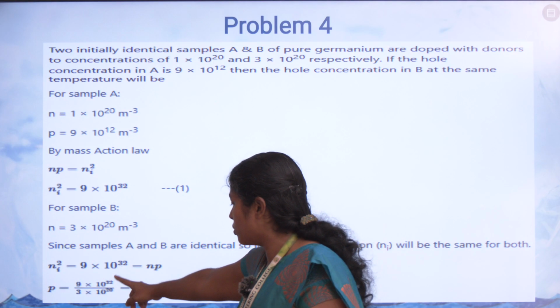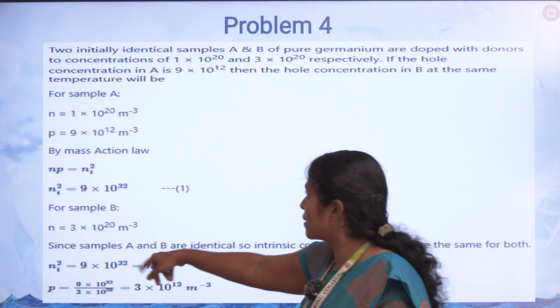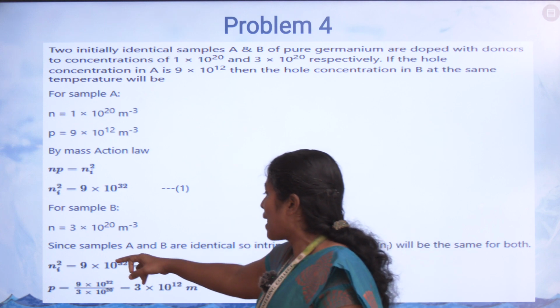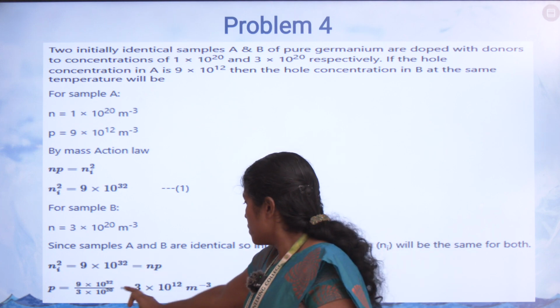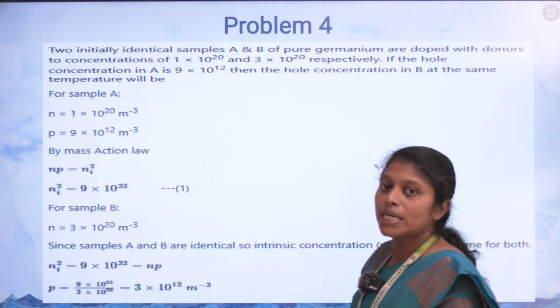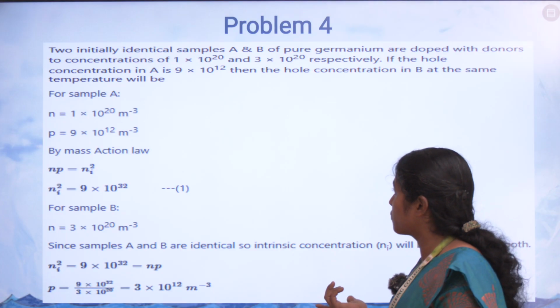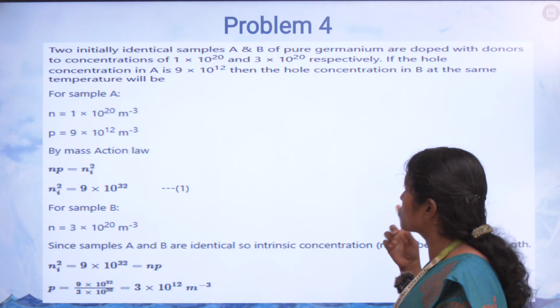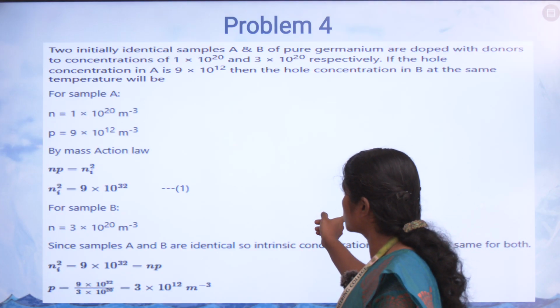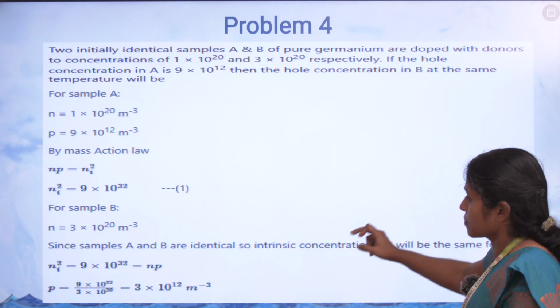This value is substituted to find the value of P. If you write in terms of P, we can write it as Ni square divided by N. Calculating this, we get 3 into 10 to power 12 as the hole concentration of material B, or material 2.